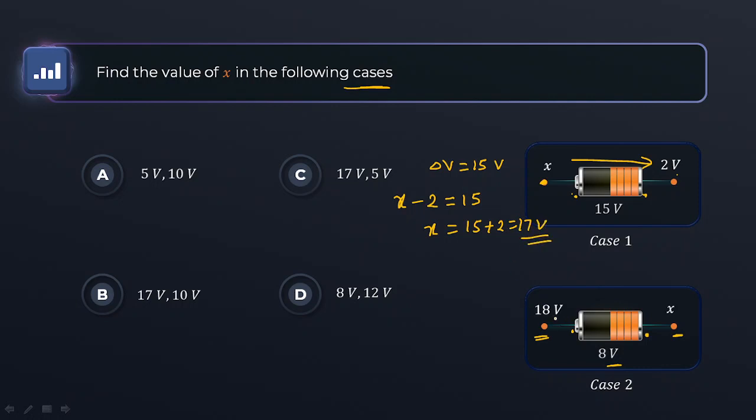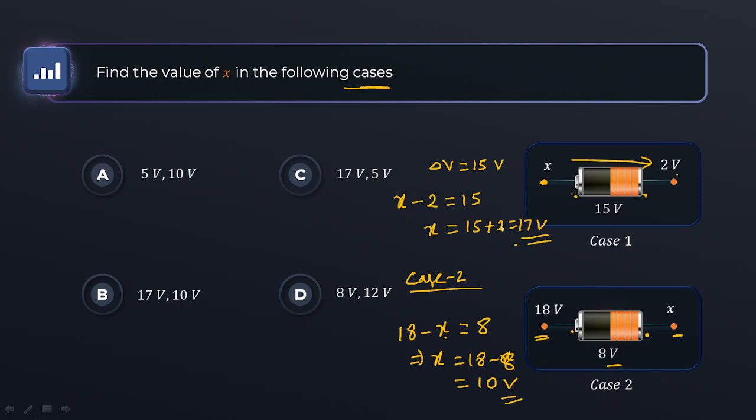Yes or no? In the second case again we can write 18 minus x, this is for case 2. So 18 minus x equals 8. So x will be equal to 18 minus 8, that is 10 volt.